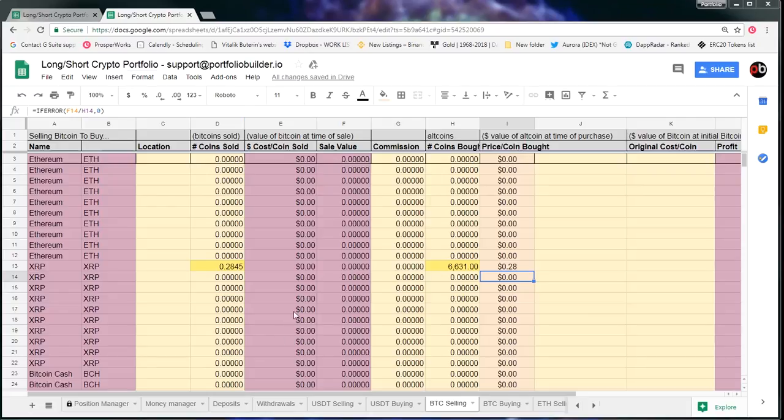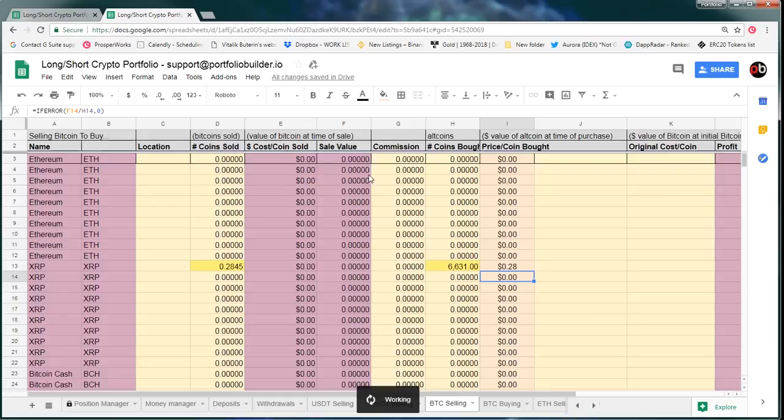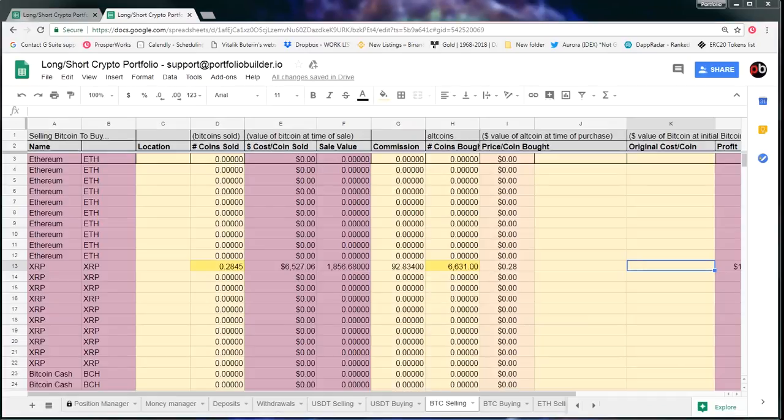Now to fill out the purple columns, if I update a portfolio update, it will fill in the rest of the trade. And you can see it knows the rest of the data from just these data points. And it's now wanting to know the original value of Bitcoin. So to figure that out, I have to think, where did I first buy this Bitcoin? Was it in my deposit tab?